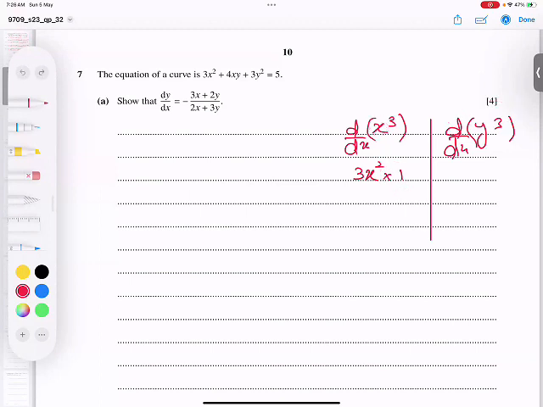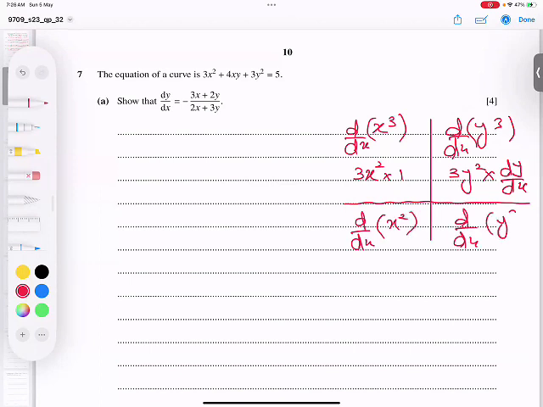Same story here. 3 will come and multiply with this, and the power 1 less, multiplied by the base derivative, and that is always dy over dx. Same story if you are differentiating x to power 2, or if you're differentiating y to power 2. What is the method, students?